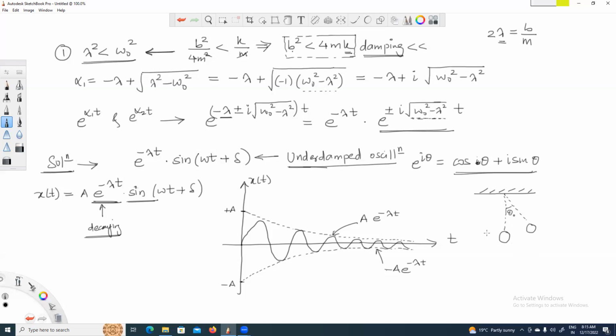But remember, after a certain amount of time, it will eventually come to rest, which is the stable configuration, the equilibrium position. So we started from the initial point of plus a, and at the end of the experiment, you are at the mean position. What it indicates is that your amplitude has been decreasing throughout the course of the experiment.